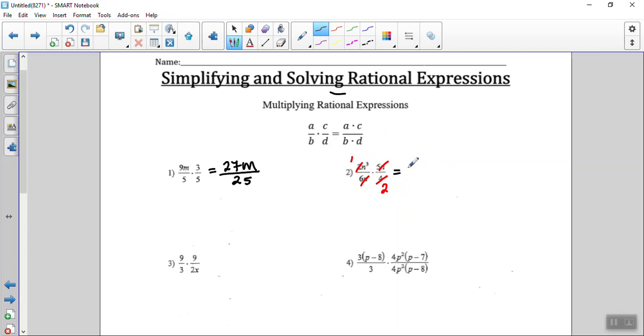Let me just rewrite this. You have n cubed times 5 over 6 times 2, and then you multiply those, so that's 5n cubed over 6 times 2, which is 12. If you notice, there won't be anything that goes into 5 and 12, so that is my reduced form.